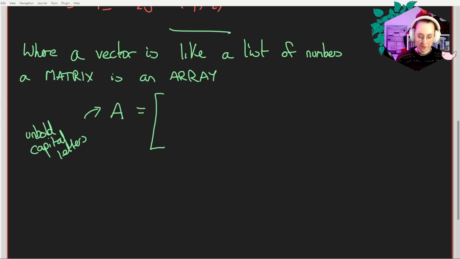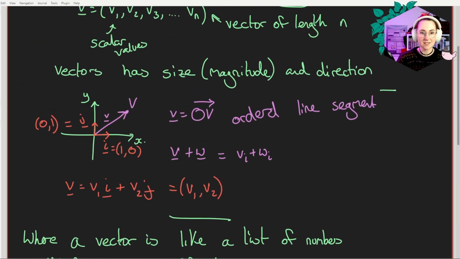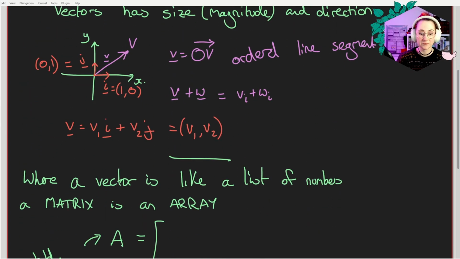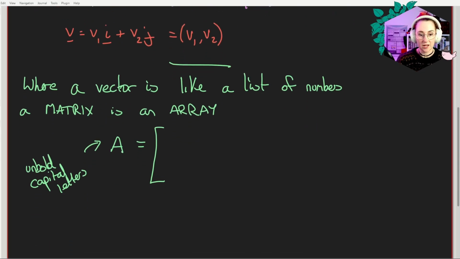And where in the vector form we had the list v1, v2, v3, vn, now we have two subscripts to denote location. So you can think of it as a11 is the first entry of the first row, first entry of the column. Second one is a12, all the way up to a1n, similar to our vector.